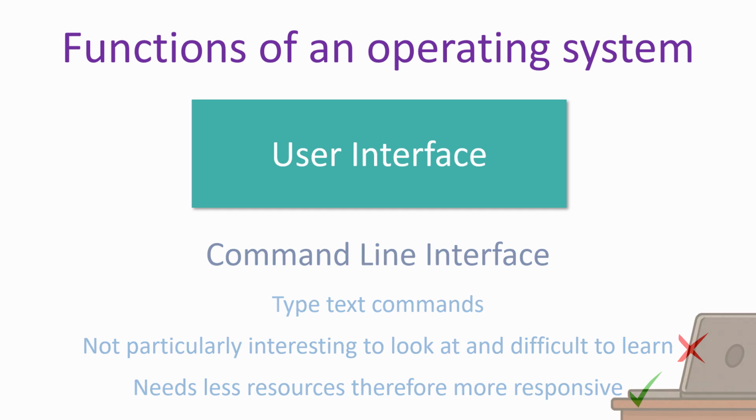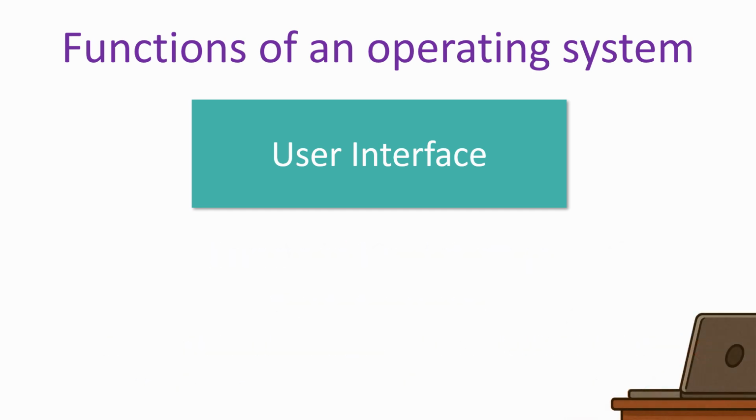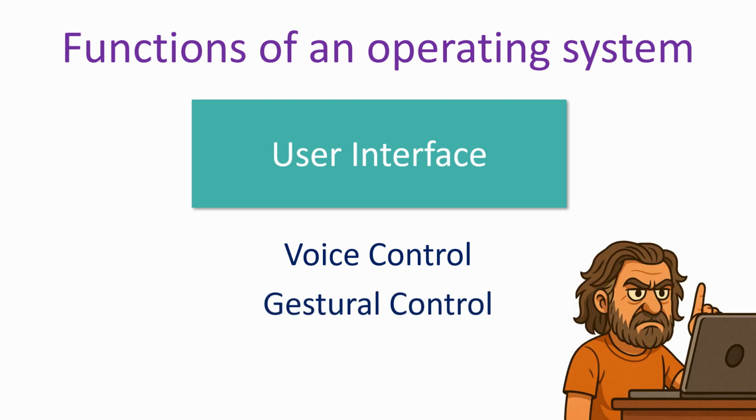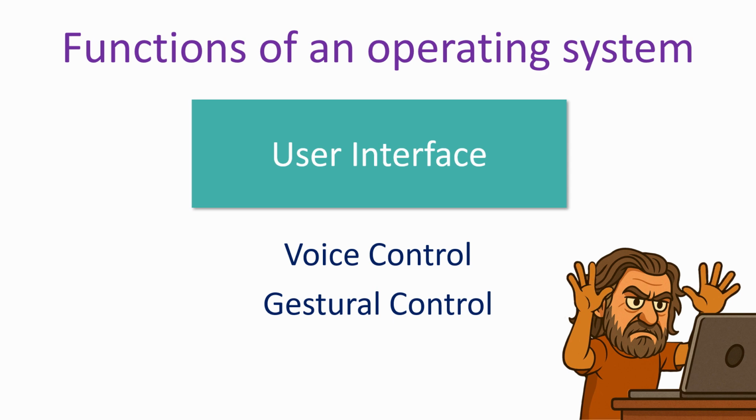Some modern user interfaces also include voice control, which allows you to talk to an operating system. And these days it goes well beyond a few verbal commands. You can literally hold a conversation with a computer. Gestural control allows you to tell the computer what you want it to do with physical gestures like moving your hands.